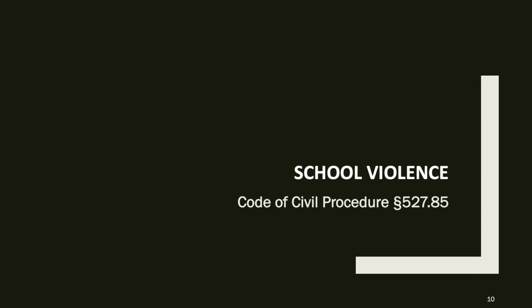Now, unfortunately, school violence is one that we may be seeing more and more of in the weeks and years to come, and it's defined in Code of Civil Procedure 527.85.